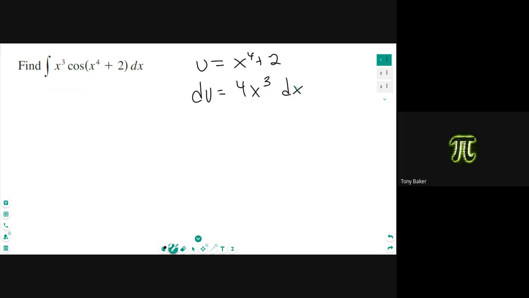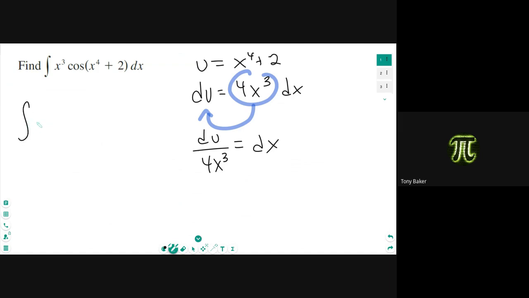Now, this is the change from what I showed you the other day. It doesn't actually change the answer. The answer works, but it might help you understand it a little bit better. We're going to take whatever's here and move it over here. So I have du over 4x to the 3rd equals dx.